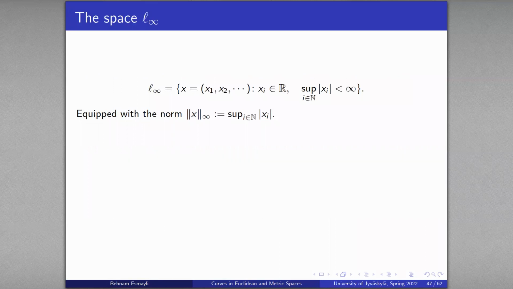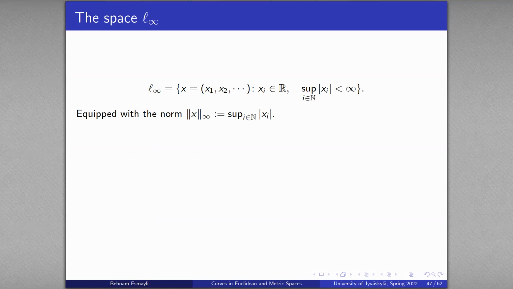This is the space of all bounded sequences. So any sequence of real values with a uniform bound on them. And this space has some obvious linear structure. You know how to add these vectors. Just extend whatever you know from Euclidean space. Just do them infinitely many times.